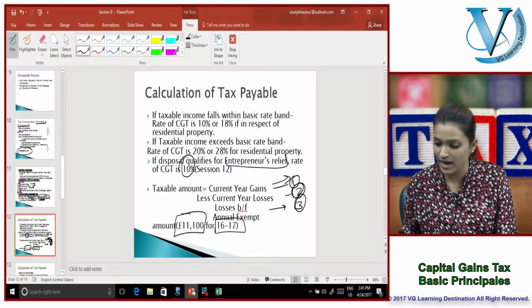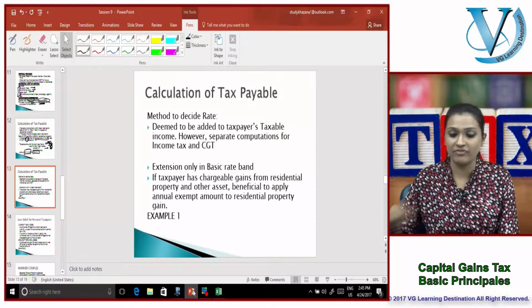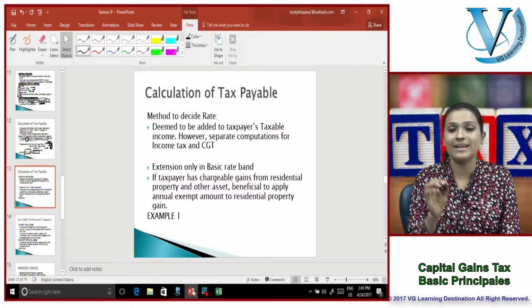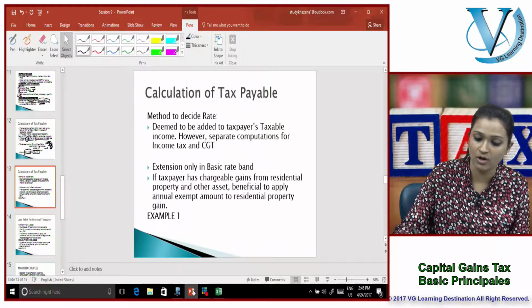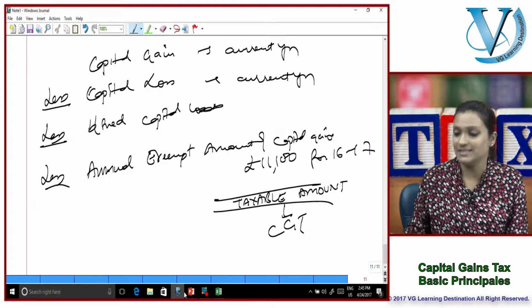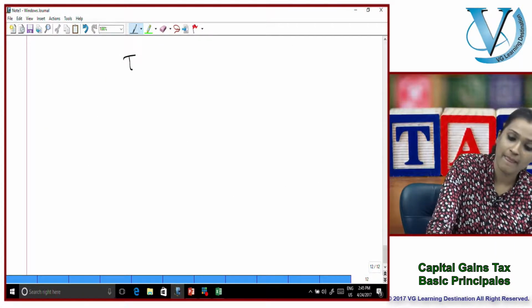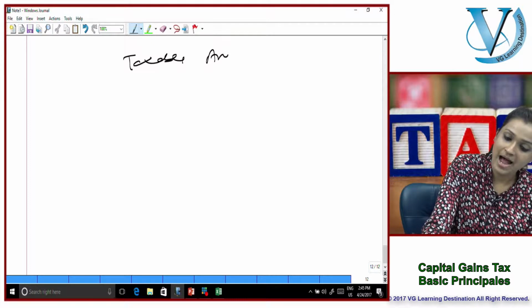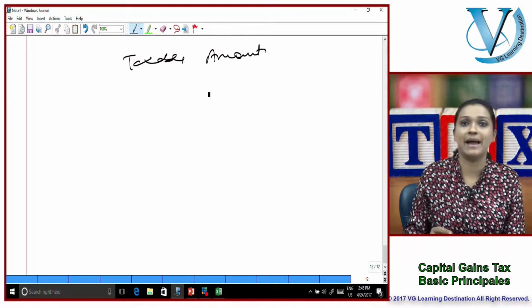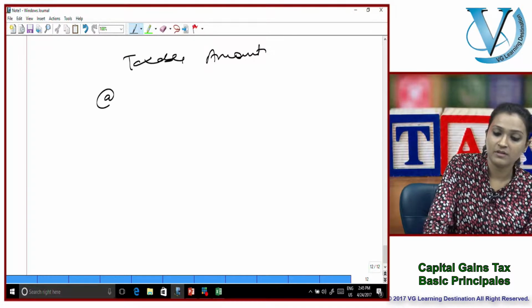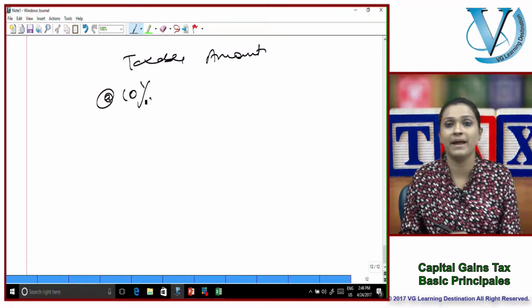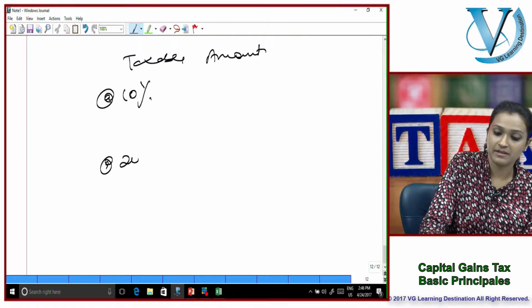Right? So, let's have a look at the method by which you decide the rate you are going to pay your tax at. Remember, this taxable amount would be paid either at the normal rate of 10% or at 20%.